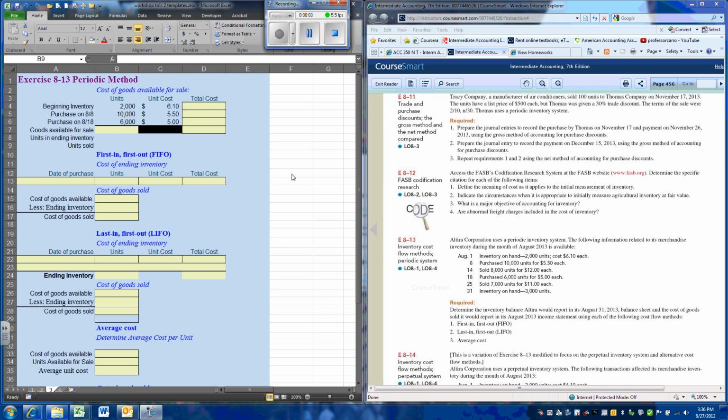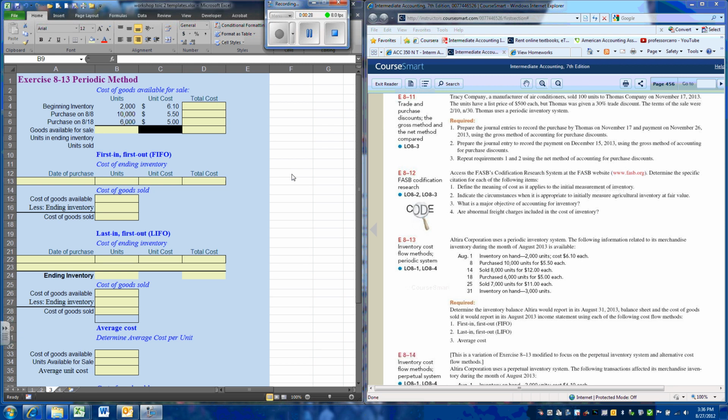GAAP allows companies to choose various methods to place a value on their inventory. In our next exercise, we're going to be looking at a company that uses the periodic inventory system. Remember, in the periodic inventory system, cost of goods sold is determined at the end of the accounting period.